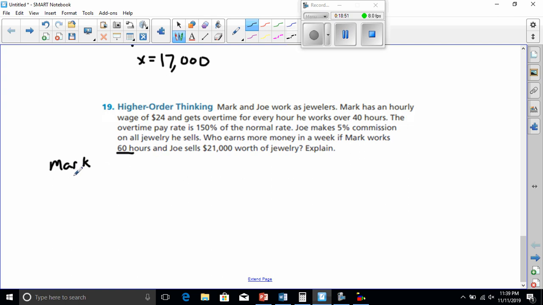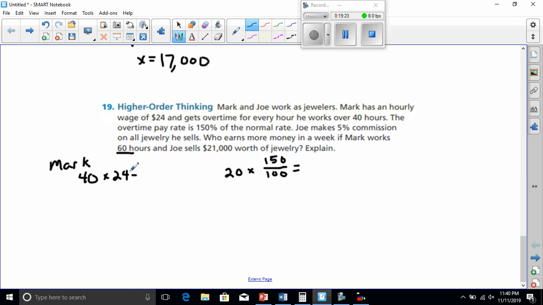So we're going to initially have 40 times 24 to establish how much he got for the first 40 hours. Now the other 20 hours, because 60 minus 40 is 20, is going to be multiplied by 150% of the rate. And then we're going to have to add these two things up.